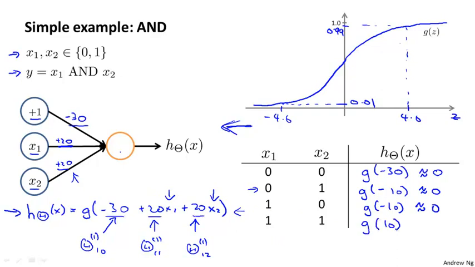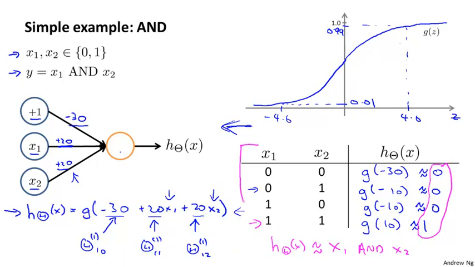So that's g of positive 10, which is therefore very close to 1. If you look at this column, this is exactly the logical AND function. So this is computing h of x approximately equal to x1 AND x2. In other words, it outputs 1 if and only if x1 and x2 are both equal to 1.